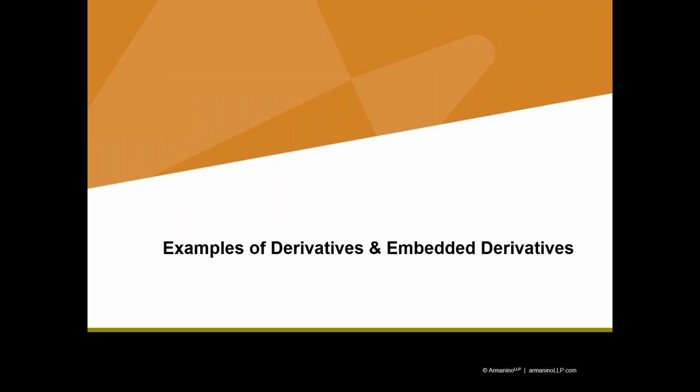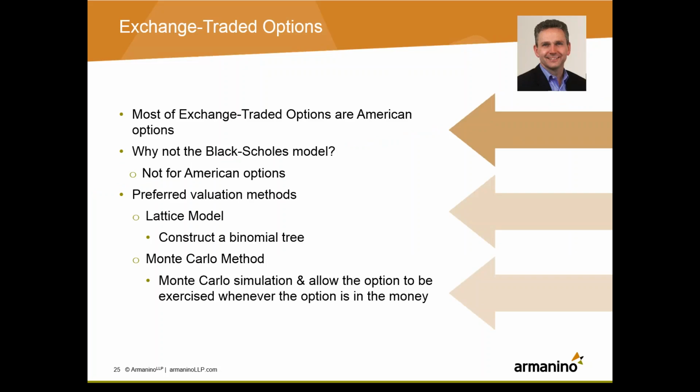Okay, so we've moved on now to the examples of derivatives and embedded derivatives. So, some examples here. Exchange-traded options, that's what most folks are familiar with. One comment, like Hong mentioned, most exchange-traded options are American options.